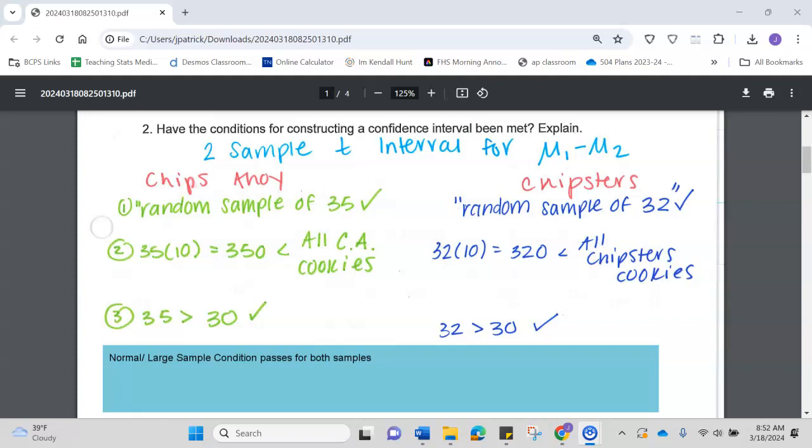So since the large sample, or CLT condition passes, our sampling distribution of the differences will be a t-curve. It's important to know why you're checking these conditions because you're going to get multiple choice questions on the exam regarding that, so you might want to add that here.